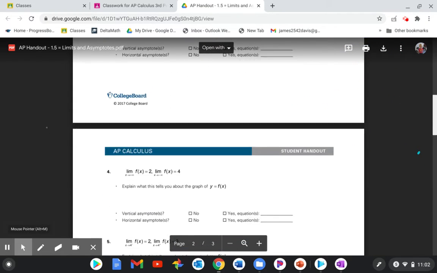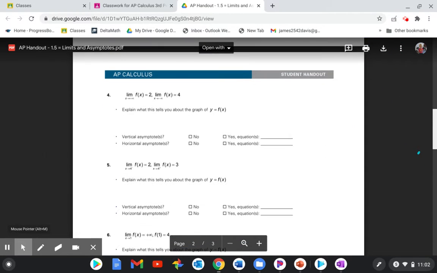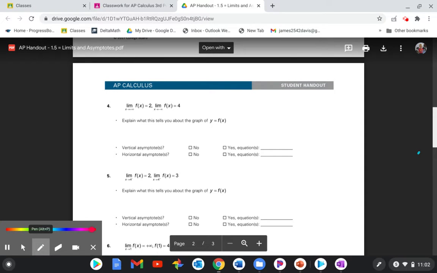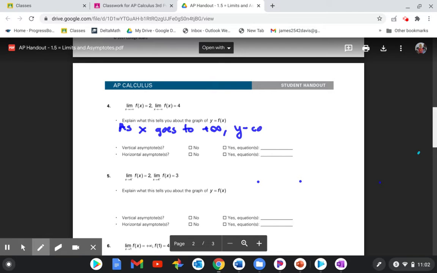Let's skip down a little bit to harder ones, maybe further down. Let's go ahead and do number 4 here. So first of all, our explanation. So we could say as x goes to positive infinity for the first one, y coordinates or y values approach 2.